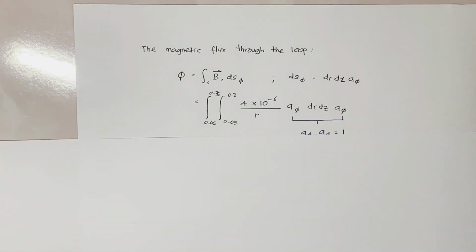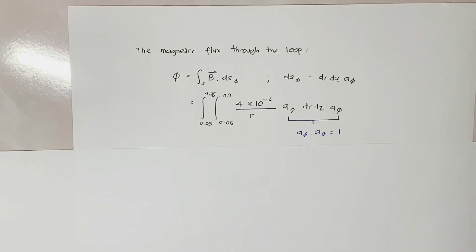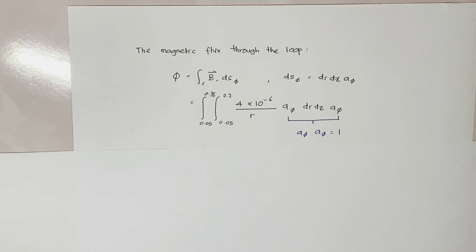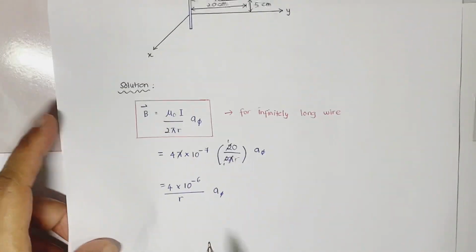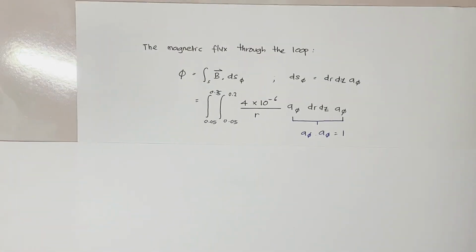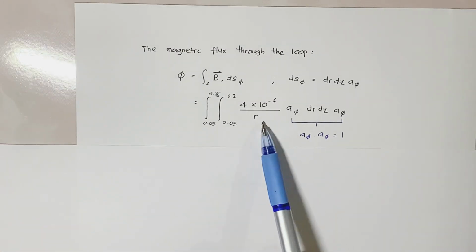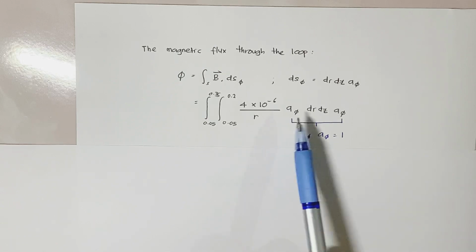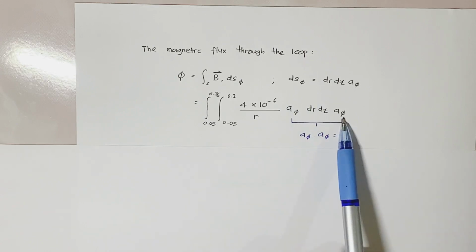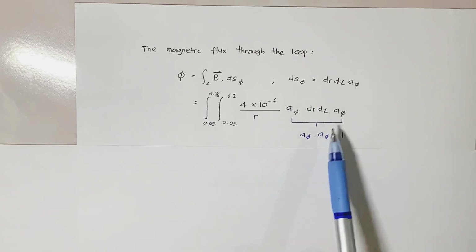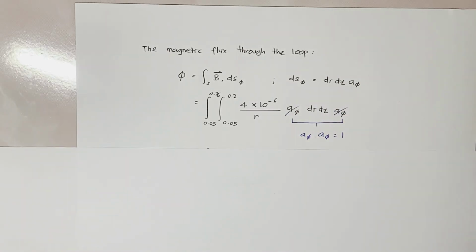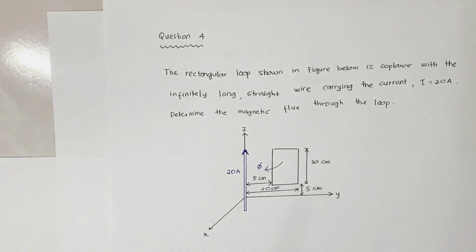So just substitute all the values. You already have B from the previous solution, so just substitute the value of B, and then substitute dS phi into this equation. So a phi dot a phi, you will get 1, so we can just remove a phi.